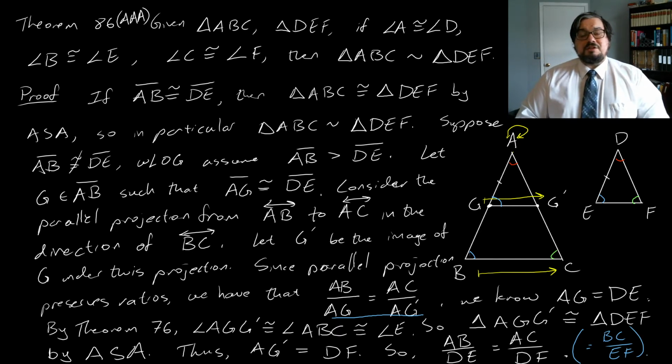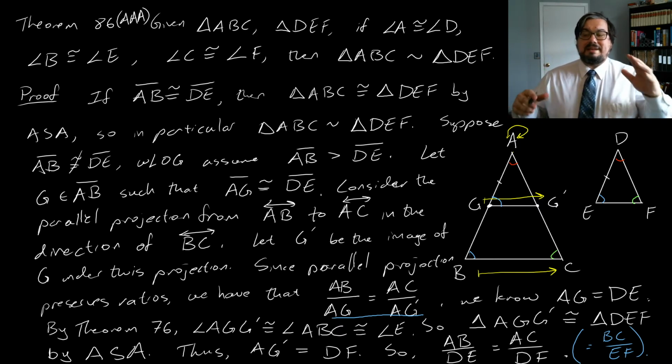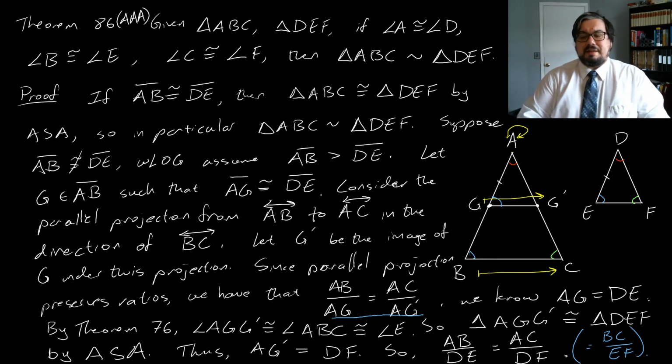So to finish it off, we basically have to note that this argument that we did, showing that the side lengths AB, AC and DE, DF sit in proportion with one another, we could redo completely by essentially constructing the copy of triangle DEF over in the B corner instead.